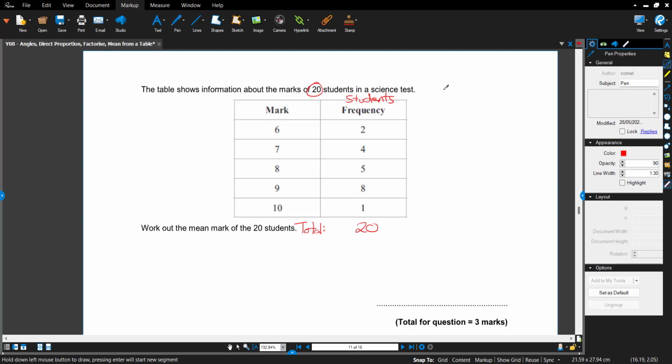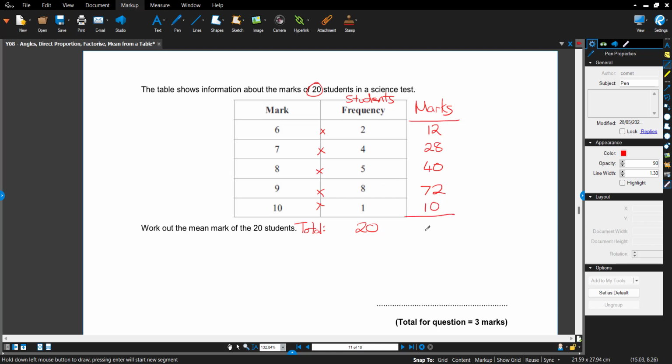Now in the first question, we weren't told that. So if you want, you can just rewrite marks, even though it has mark here. So 2 of them got 6, so 2 times 6 is 12. We're going to multiply them. So the total of 12 marks. 4 students got 7, that's 28. 5 students got 8, that's 40. 8 students got 9, that's 72. 1 student got 10, great.